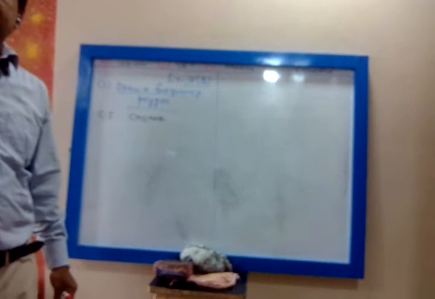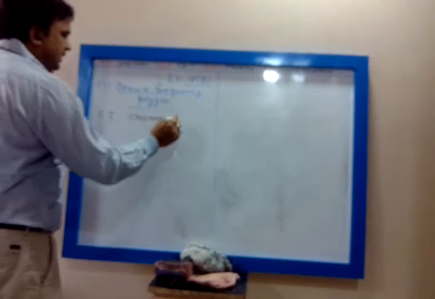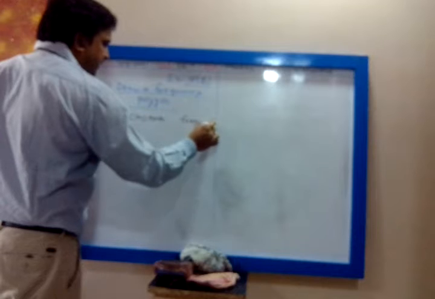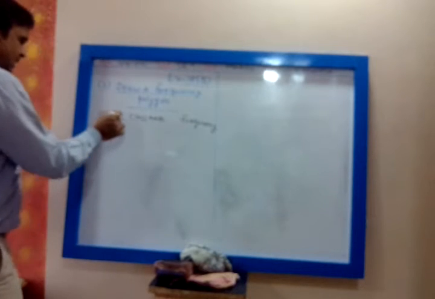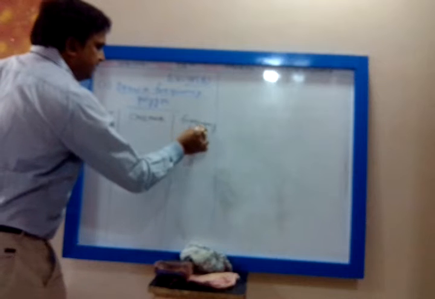You can write on the back side of the graph. Class interval, class mark, and then we have frequency. Frequency is f.